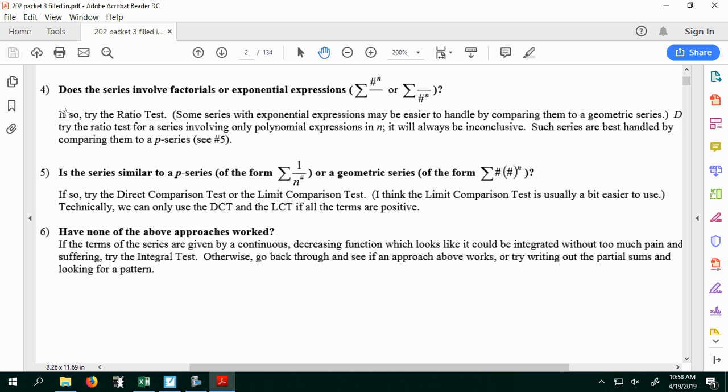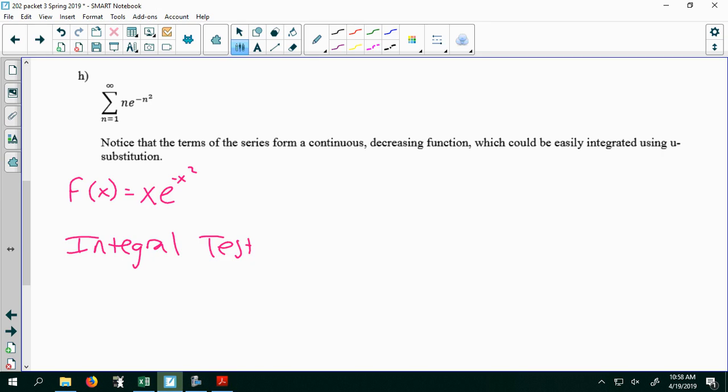No. Have none of the above approaches worked? This is where you might try the integral test. If you could integrate without too much pain, try the integral test. So it works in this case because you can use U substitution.